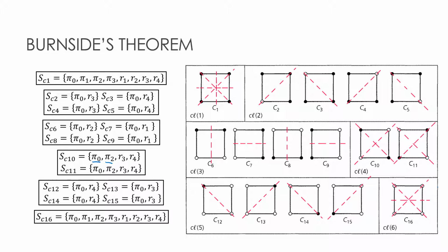And then again, this reflection wouldn't work because black would go to white and white would go to black, and the same thing this way would not work. But my two diagonals work because it would fix black to black and white would reflect to white, or it would fix white to white and black would reflect to black. So those two reflections work.